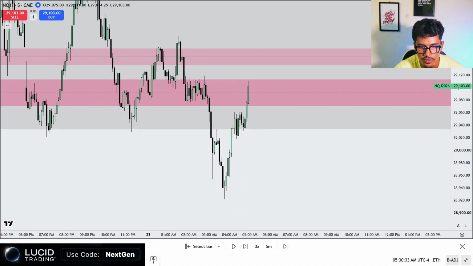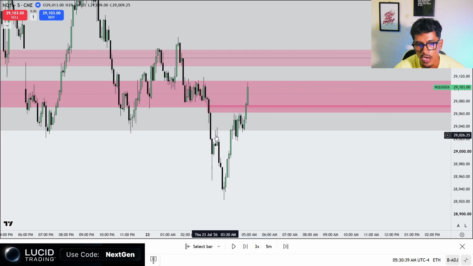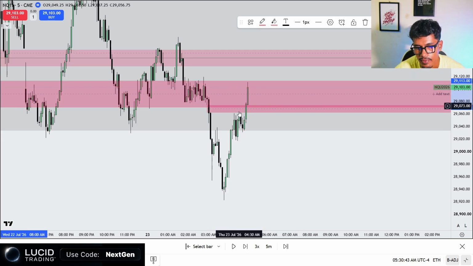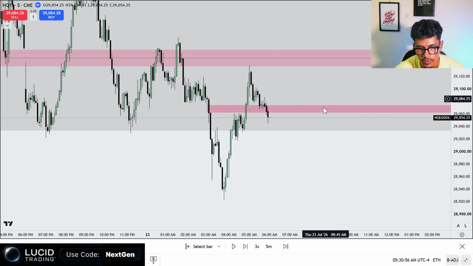Now within this range, you can also see we have invalidated this bearish gap, right? I use this kind of thing only when looking for a setup or entering the trade, right? So I see this gap, and let's see when price closes below it. Right there is the close.